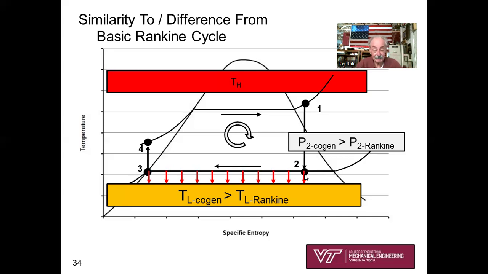And that's where that steam is condensed, and then it flows back to the power plant. And so that's an important key thing to remember, is that lower pressure coming out of the turbine is going to be a higher value than your traditional Rankine cycle subatmospheric pressure.